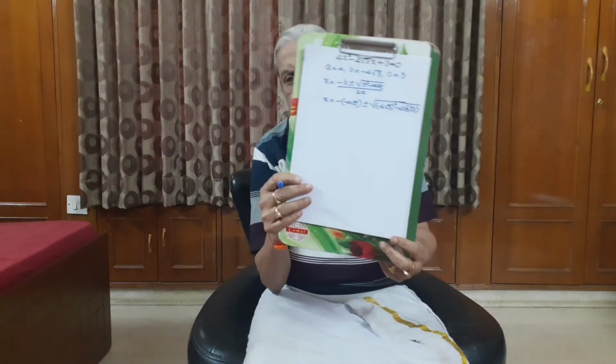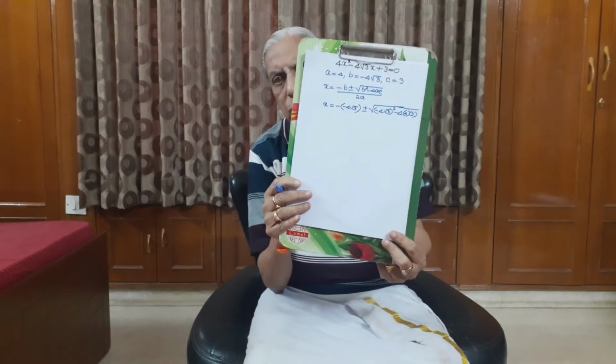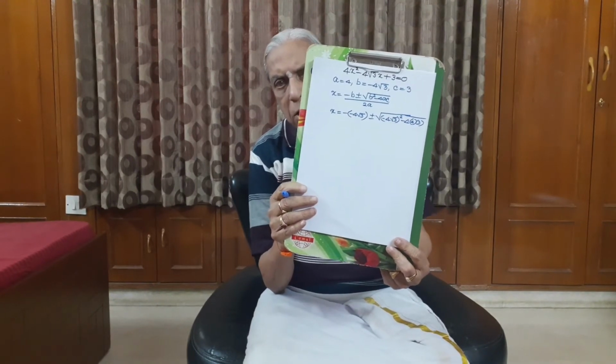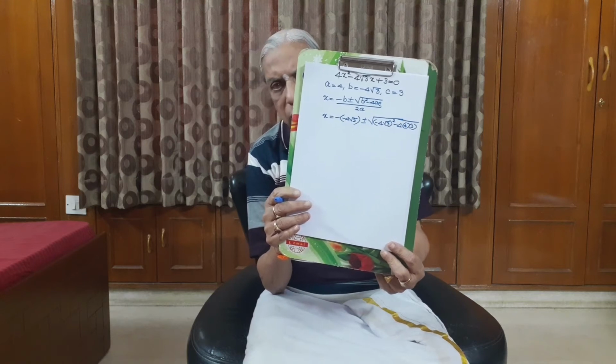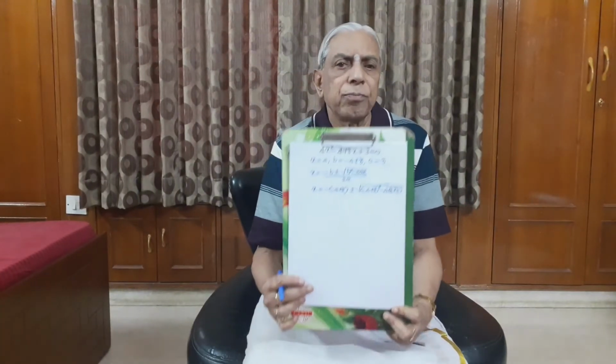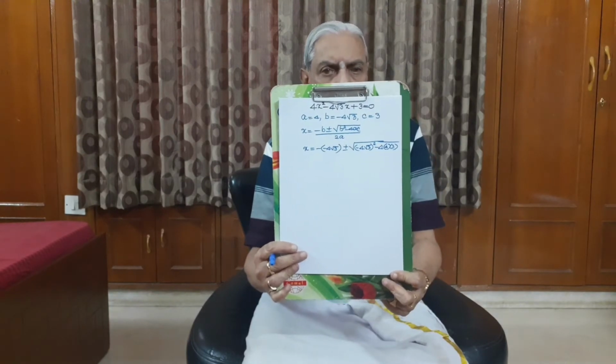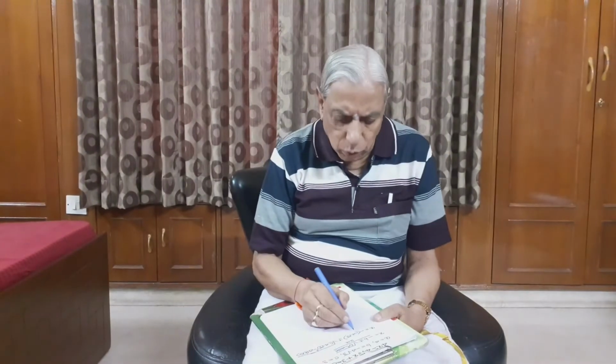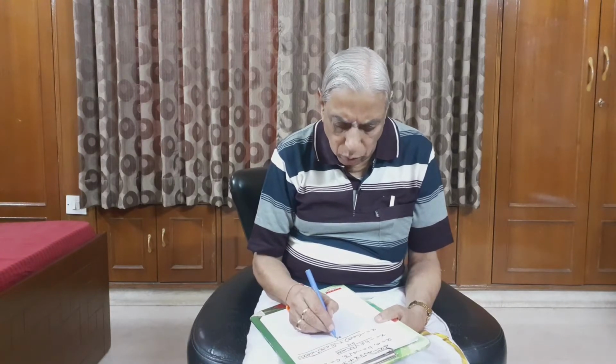Please see that. B squared minus 4AC. Whole divided by 2A. 2 into 4.